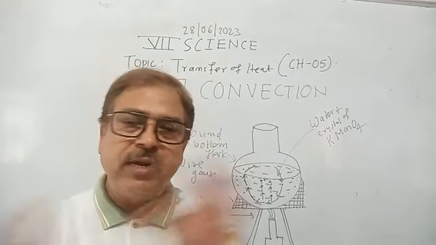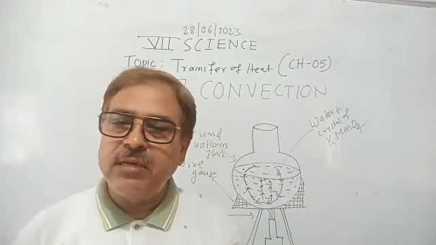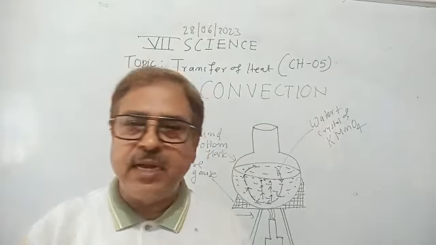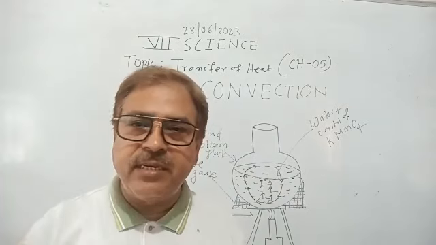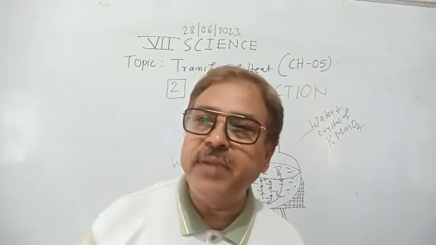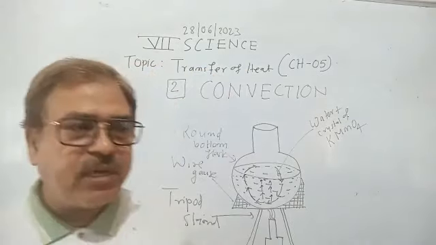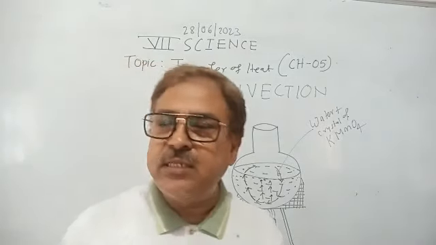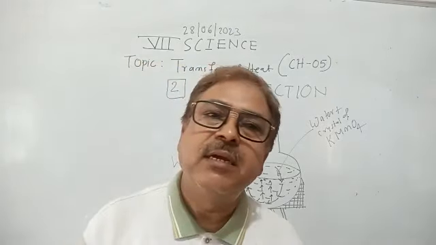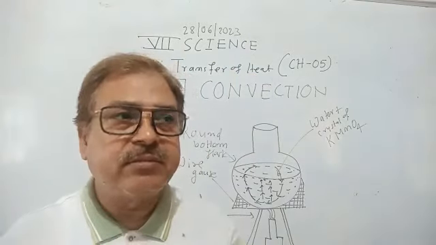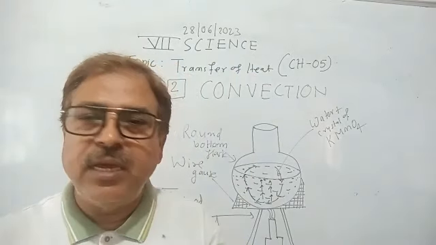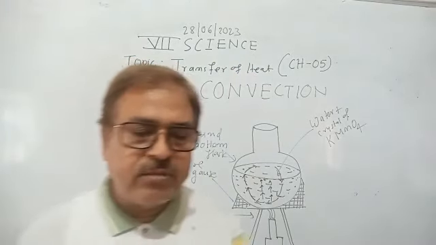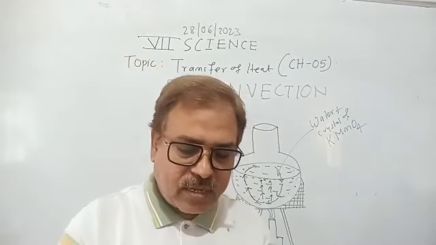So the colder air comes down, the hotter, lighter air rises up and makes a convection current in nature and blows the winds. Storms are also created due to the sudden change of temperature of the earth, on the surface of the earth in nature, due to the convection current.